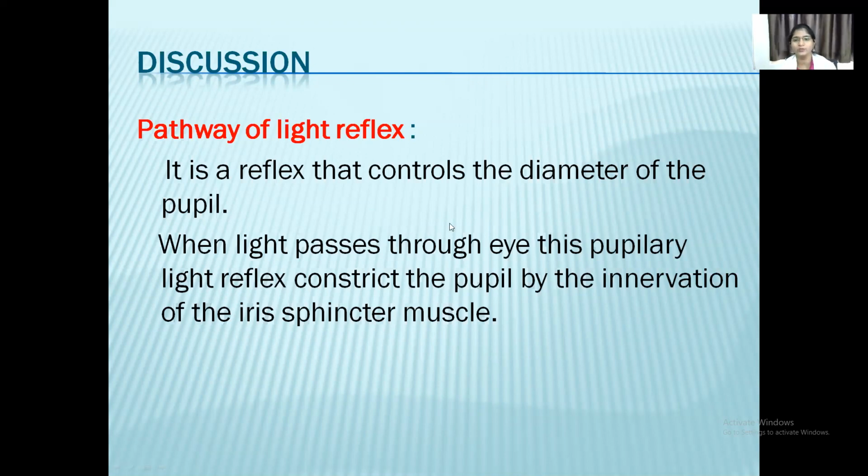So when we focus bright light, the pupil will constrict, so it decreases the diameter of the pupil. This is by the parasympathetic nerve, and it constricts the sphincter muscle or circular muscles of the iris by acting on M3 receptors.